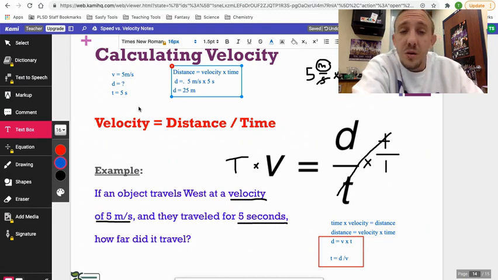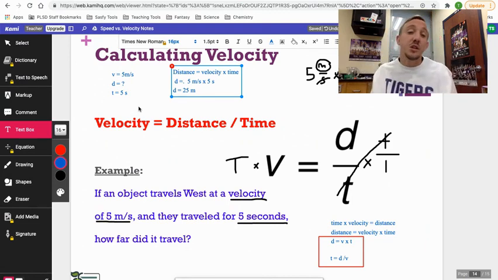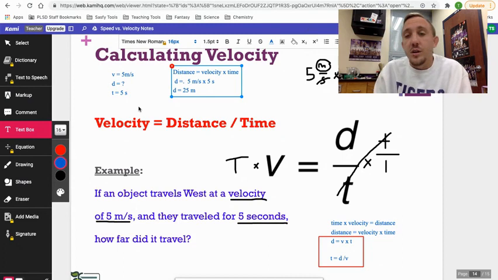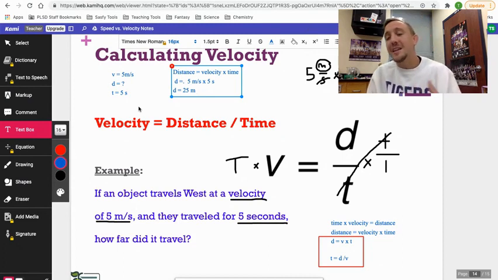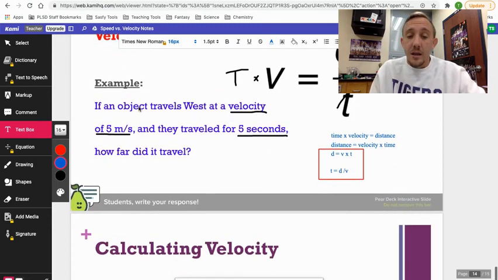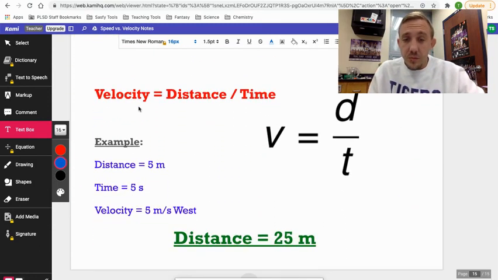At this point, I just want you to be able to differentiate what units you're going to use. In class, we'll break down how to calculate for those units, especially when we're going from something like velocity to distance or time. So again, my distance is 25 meters.